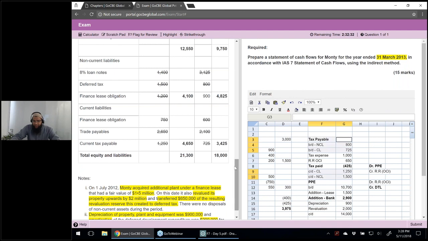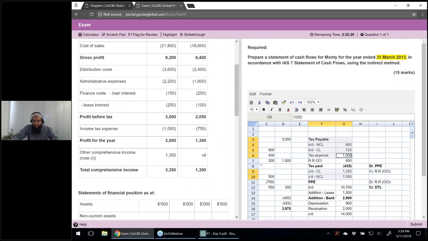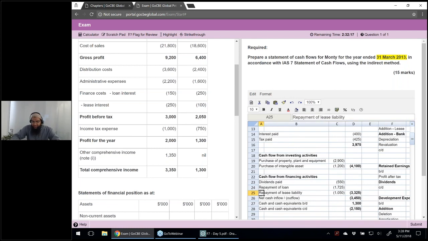And tax expense from 1000, the income tax expense, is also okay. Revaluation reserve 650 is also okay. Financing activity seems to be okay.